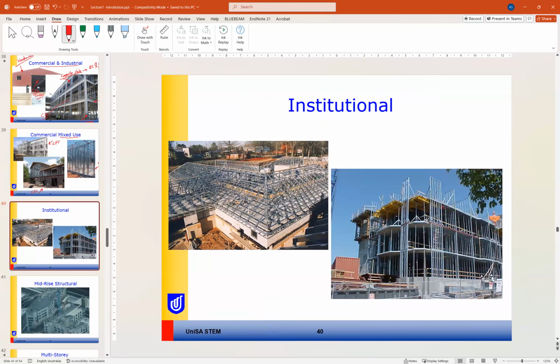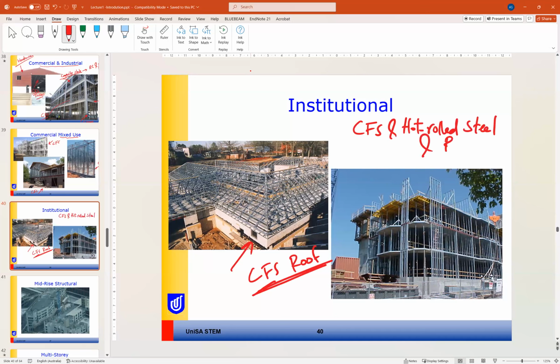And also institutional, so in institutional buildings like universities or colleges or schools and so on, this can also be from cold formed steel, like this roof here. And as you noticed in the previous slide, it can be a mix between cold formed steel and hot rolled steel, and also reinforced concrete structure. So you can use different materials in the same building. It doesn't all need to be from the same material.